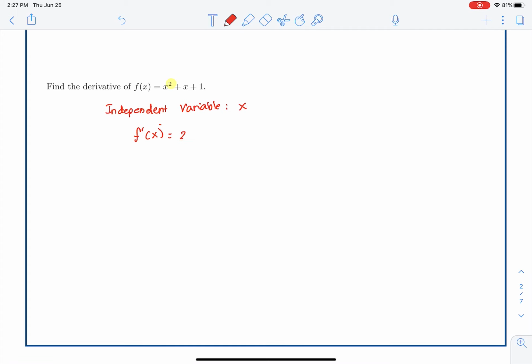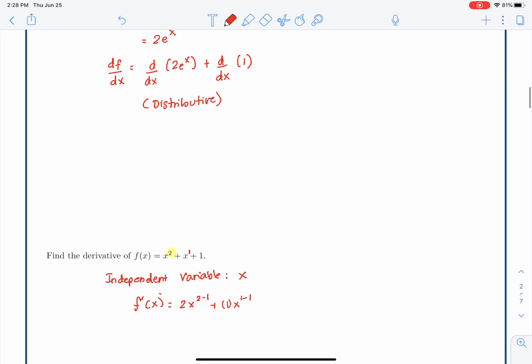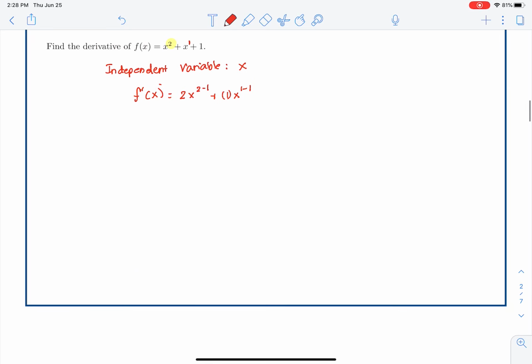So 2 comes to the front and x raised 2 minus 1. The second term has a power of 1. So 1 comes to the front, x raised 1 minus 1. And the last term is a constant, and the derivative of a constant is 0. So we have 2 times x raised 1 plus 1 times x raised 0, which is 2x plus 1.